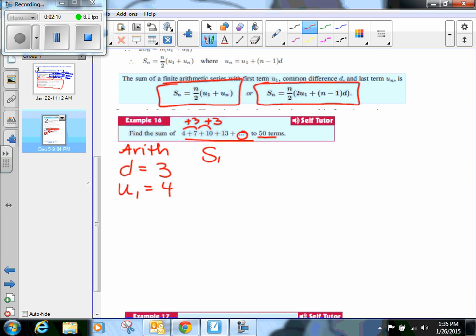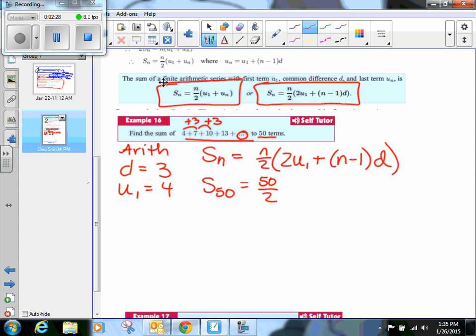So I'm going to use my S sub n equals n over 2 times 2 times the first term, plus n minus 1 times d. So I'm going to do my sum of 50, and then 50 divided by 2, times 2 times the first term, which was 4, plus n minus 1, or 50 minus 1, times the common difference, which was 3.